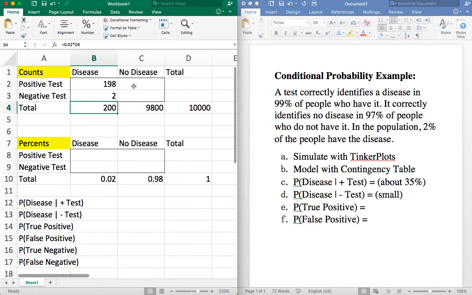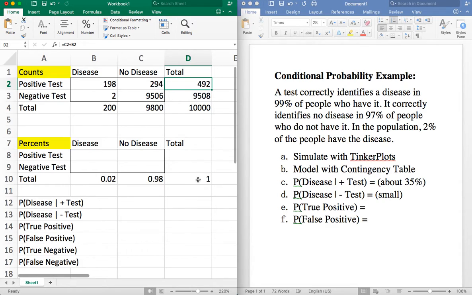Now, if you don't have the disease, you have a 97% chance of getting a negative test, and you have a 3% chance of having a positive test. So if I do a little bit of summing here, we got 492 positive tests in my 10,000, 9,508 negative tests in my 10,000.